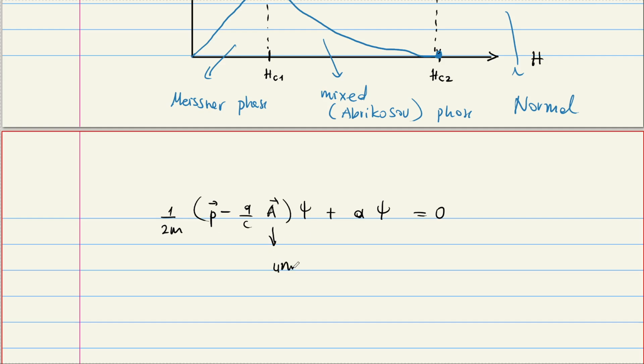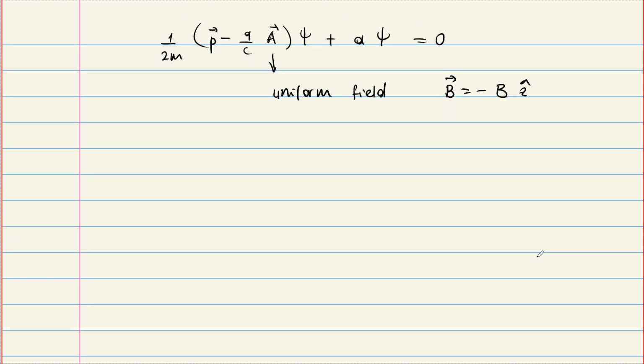So for a uniform field, let's take B equal to minus B times Z. We need to choose a vector potential, since there's a gauge degree of freedom, and here I want to propose to use this vector potential: (0, Bx, 0). This is the Landau gauge.